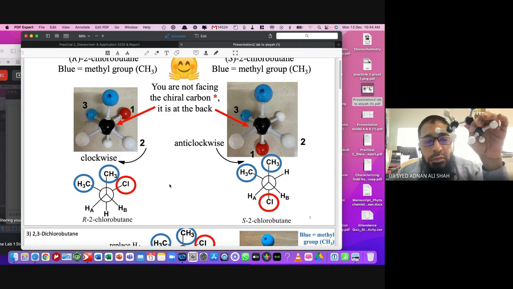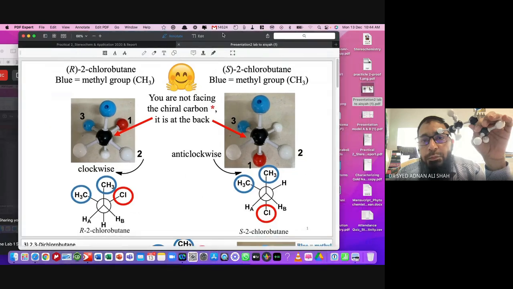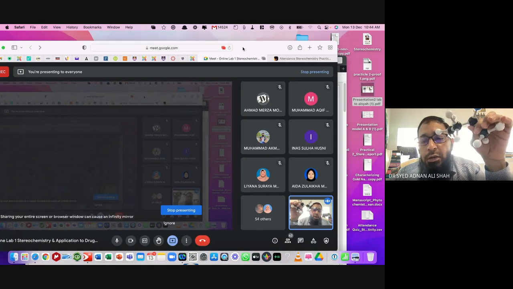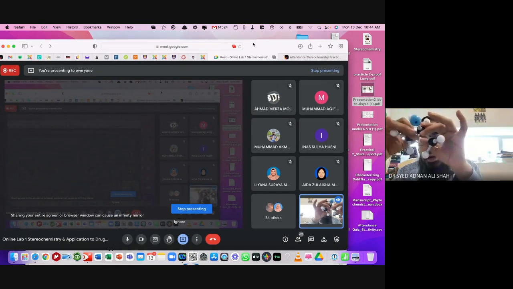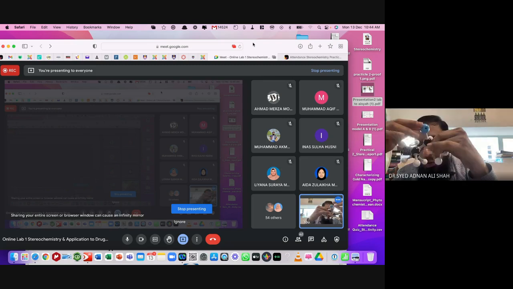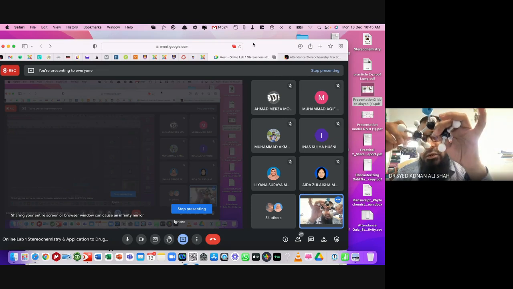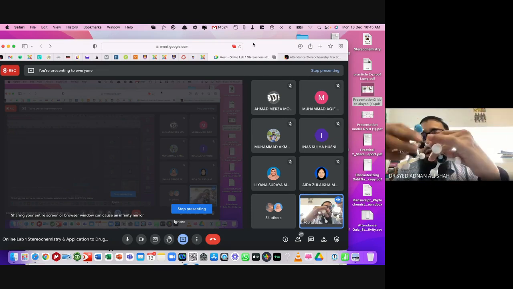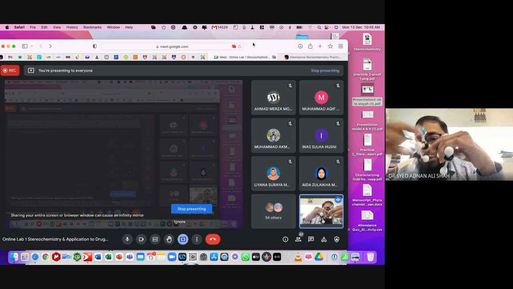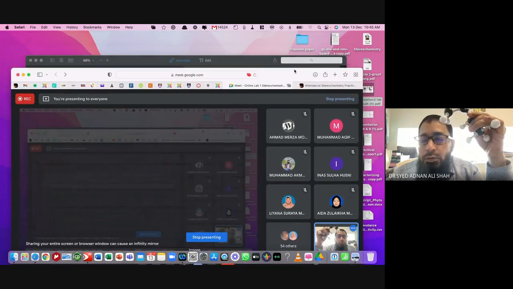It is very easy if you assign it on plain paper, right? For example, this one is your carbon, this one is your chloride, and this one is your CH3, CH2, and CH3, right? Just move on to the line structure. I can show you.